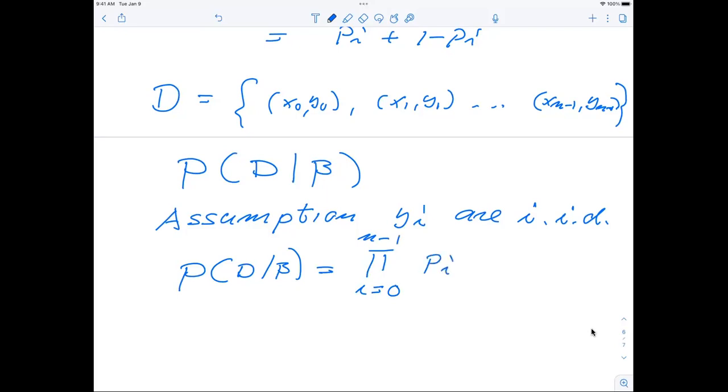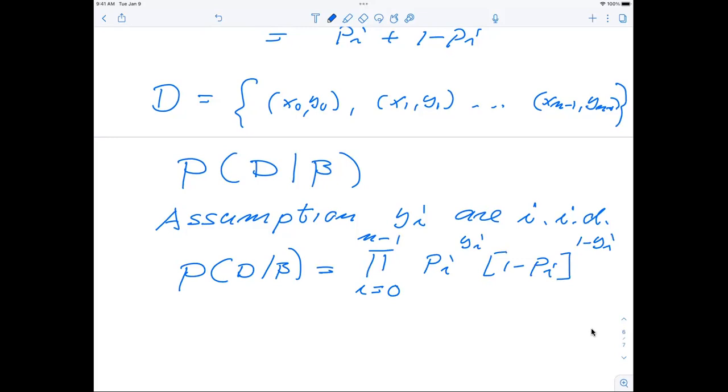And now we have to be a little bit careful here, because we actually defined the probability in terms of two possible outputs. So this is going to be to the power of y of i, and you may have seen such a formula before, and 1 minus p of i, which is obviously to the power of 1 minus y of i.